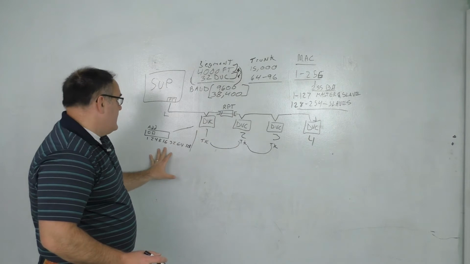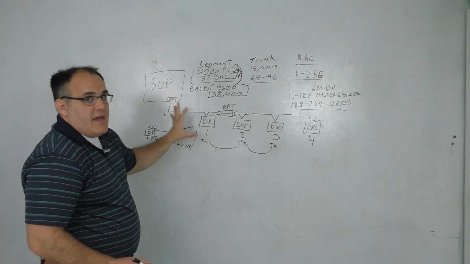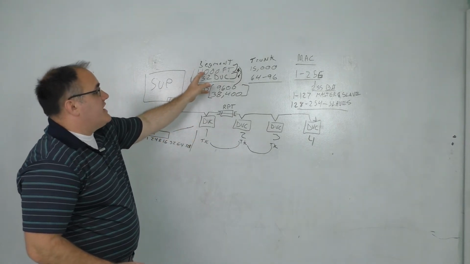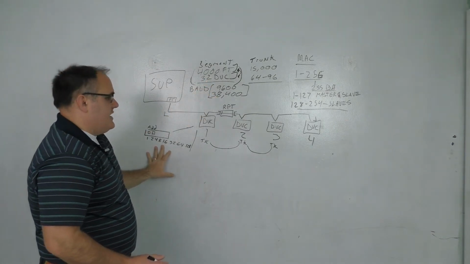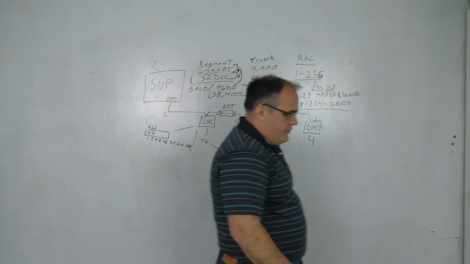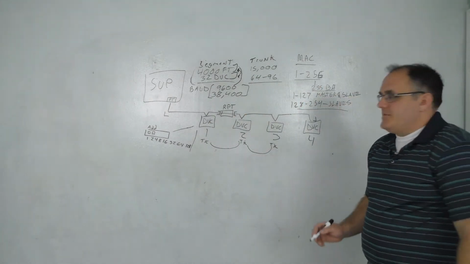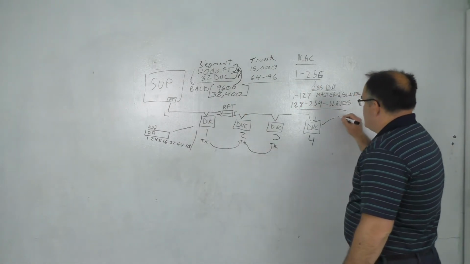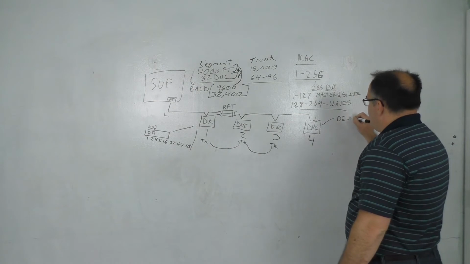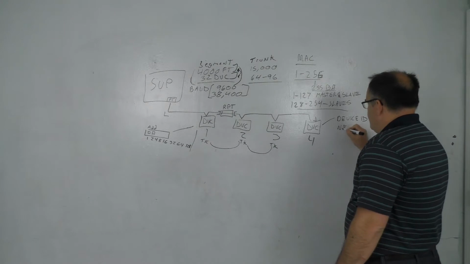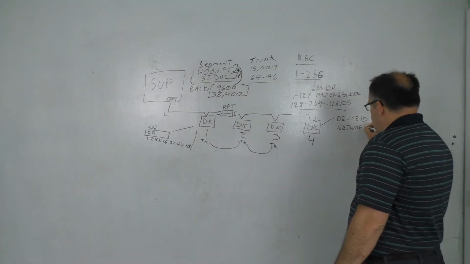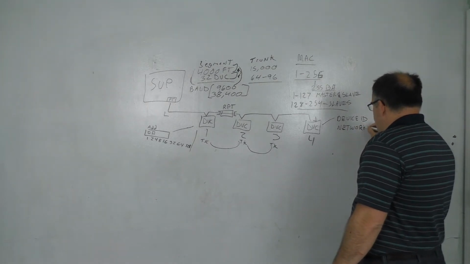So logically, we haven't touched anything yet, but physically we've covered our segment lengths, our device counts, our baud rate, and our addressing. Now we talk about the logical things that we need to be concerned about with BACnet, which is device ID, which needs to be unique, and network ID, which needs to be unique.